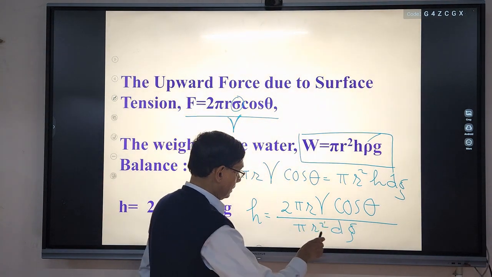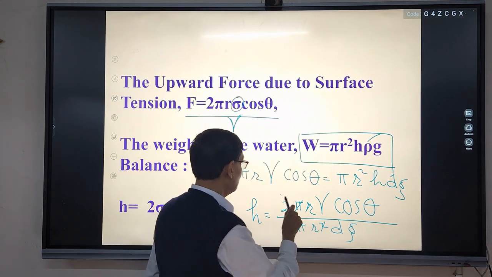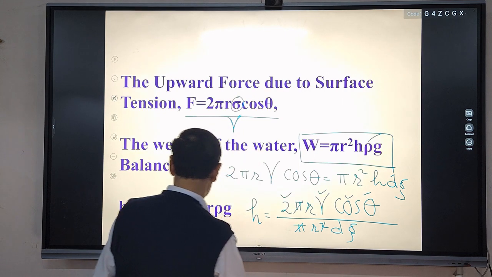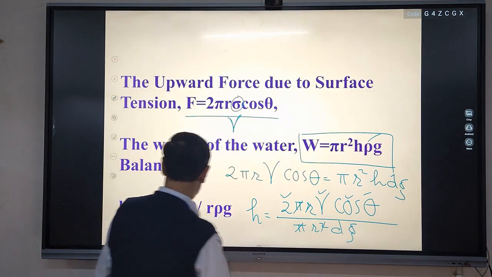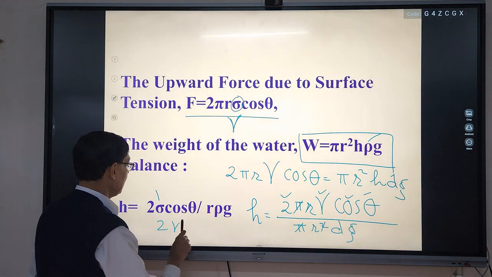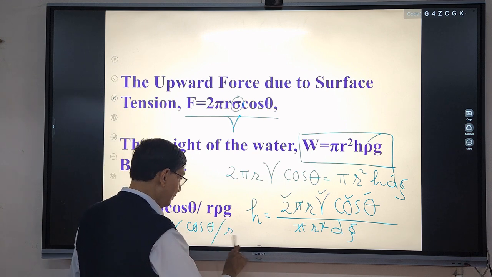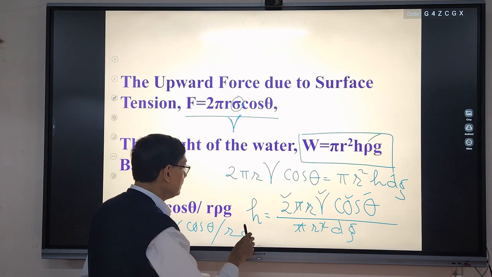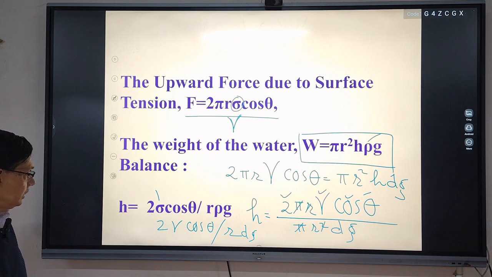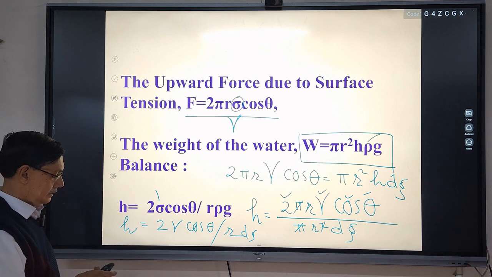So h equals 2 gamma cos theta divided by radius, density and g. This is the formula by which you can calculate h.